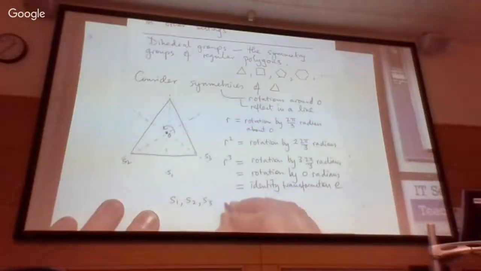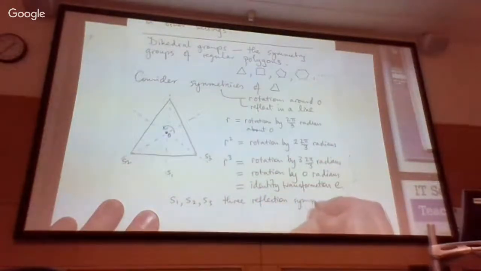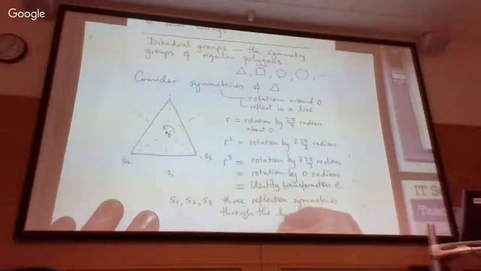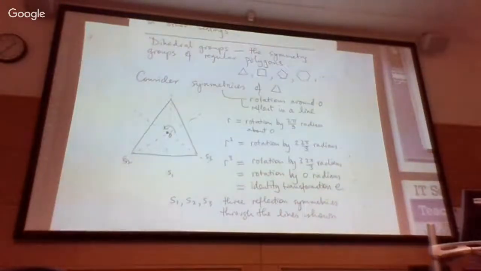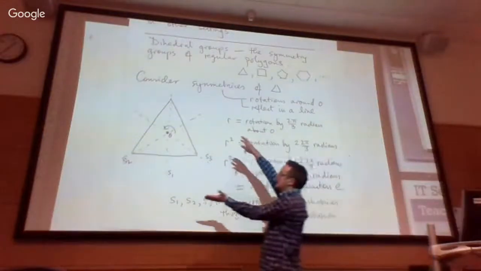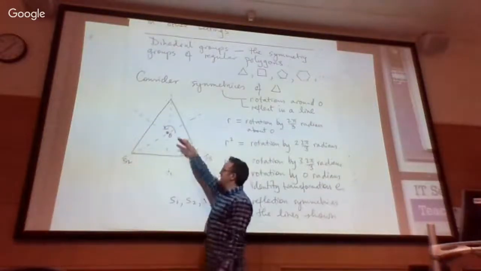So these are three reflection symmetries, and they're each reflections through the lines shown. You can take your whole plane and reflect it through this line S3.